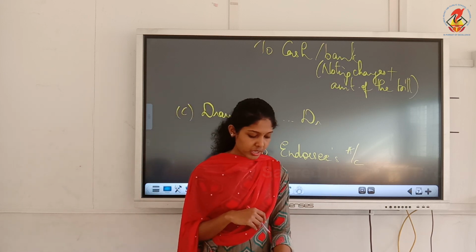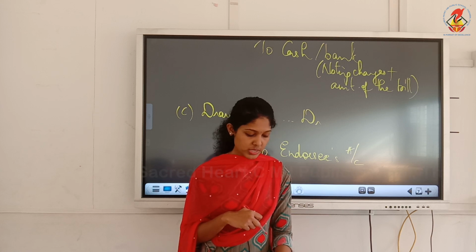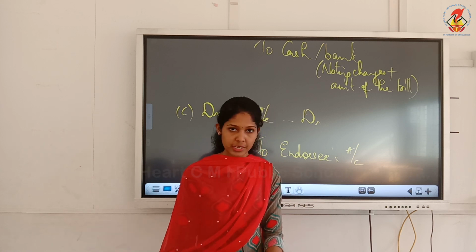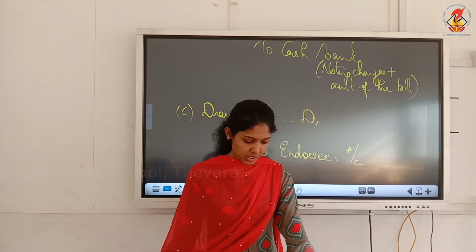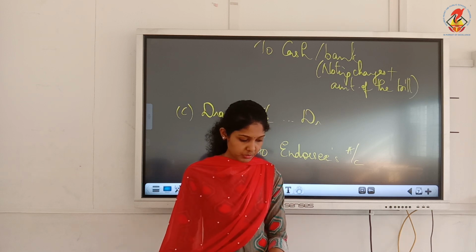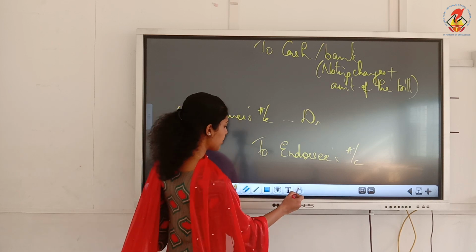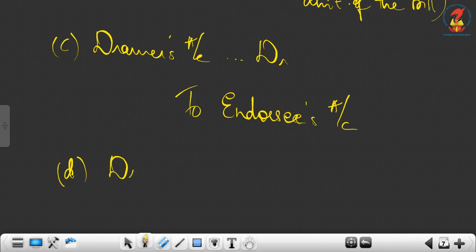Then the final case D, when the bill was sent to bank for collection, that is case 4 or case D: the bill is sent to bank for collection and is dishonored. So that time also the debit aspect will be drawee account.